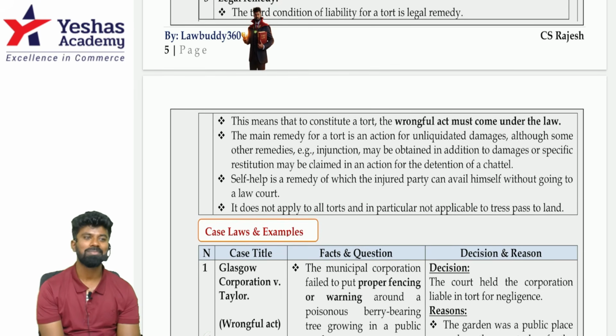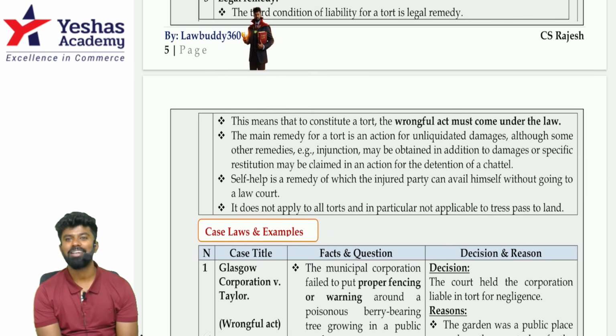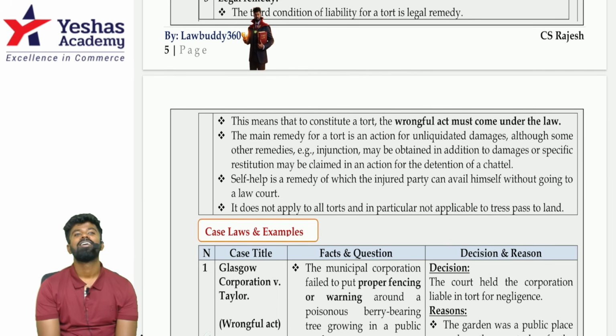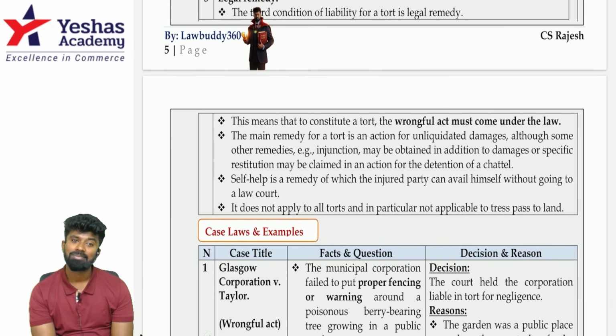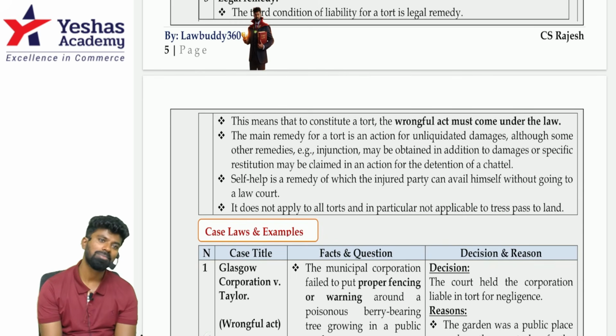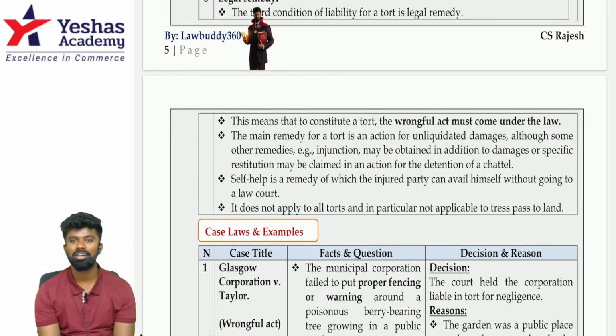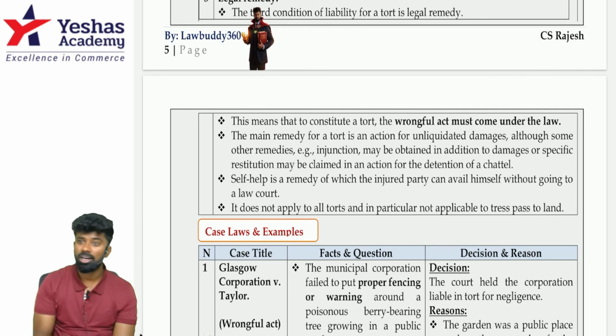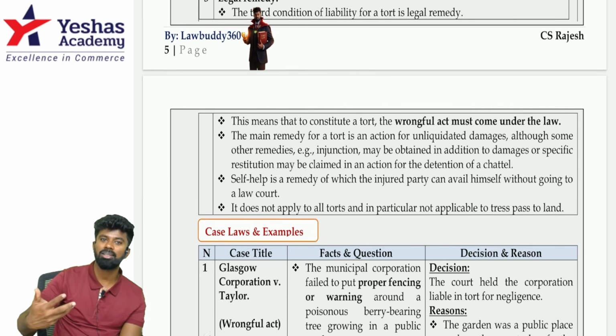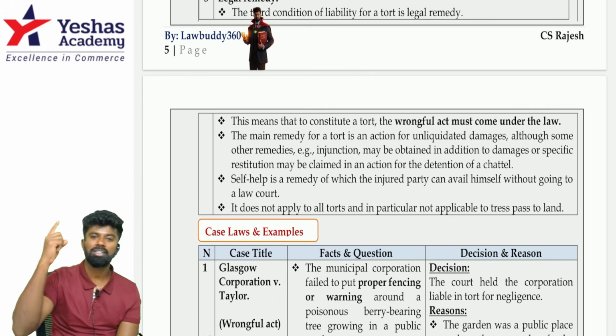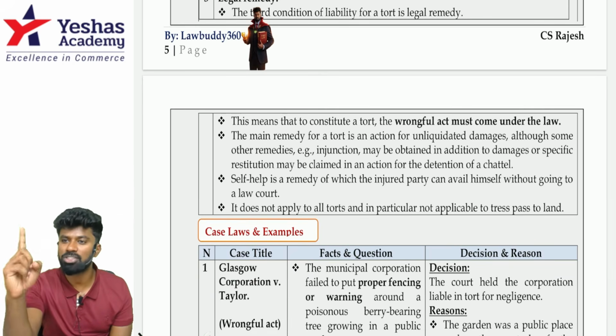Injuria sine damnum. Damnum sine injuria. Not a tort. Are you clear with this, everybody? What is the first essential element of a tort?